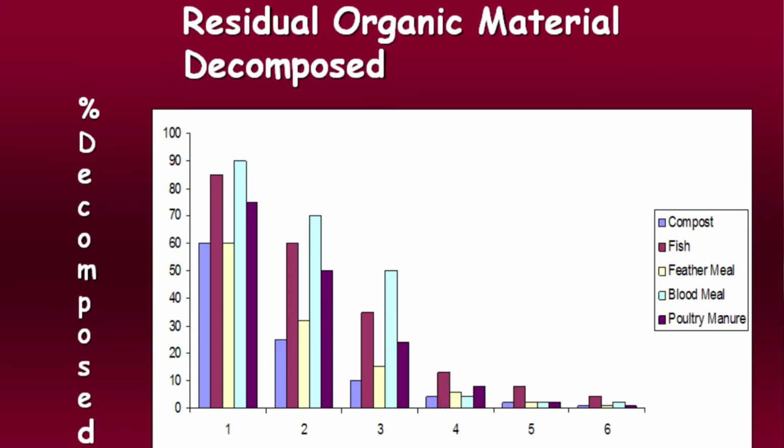Okay. Some work we did a long time ago, and I just put this up here to give you an idea about residual influences. We use compost every year, but it is not all decomposed in year one. A lot of people say that 60% of it is decomposed in year one. That alone tells me it's not cured compost, because compost should not decompose that quickly. It should be more like 20% at most. That's another issue.